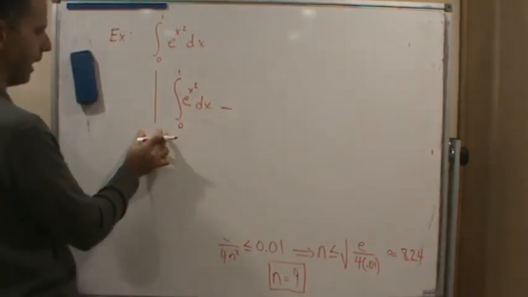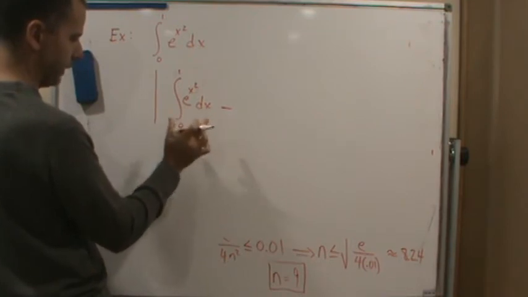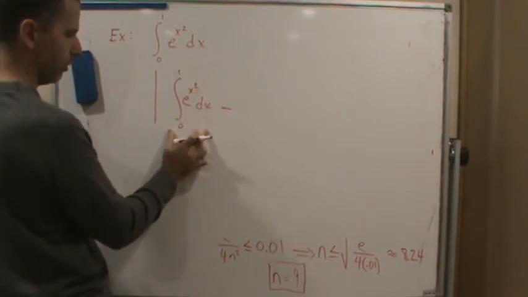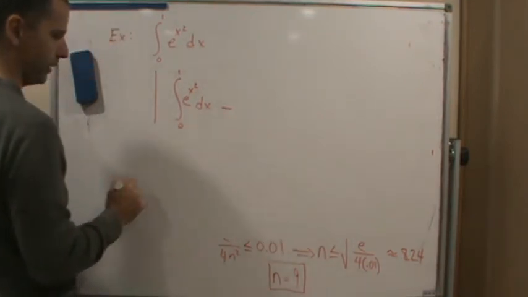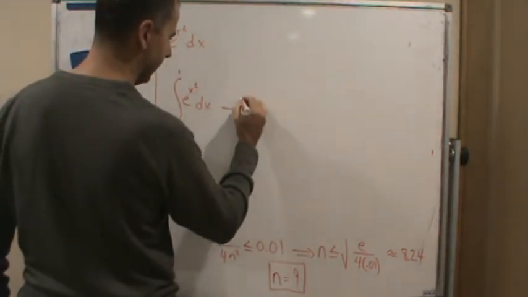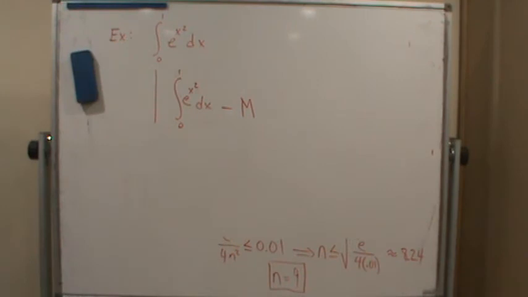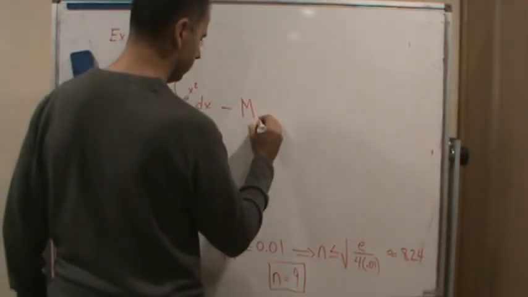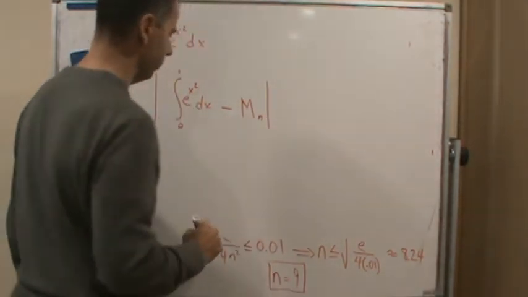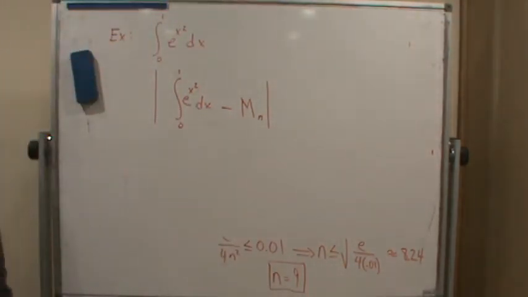So the absolute value of the difference between the true value of the integral and our estimated value of the integral, which in this case is M sub n of the midpoint rule, is less than 0.01.